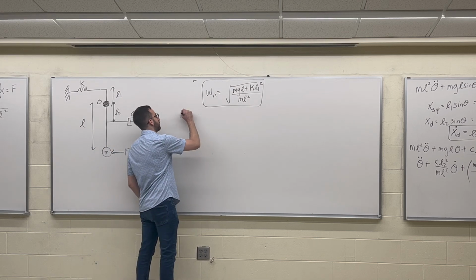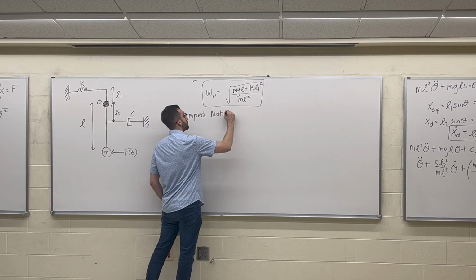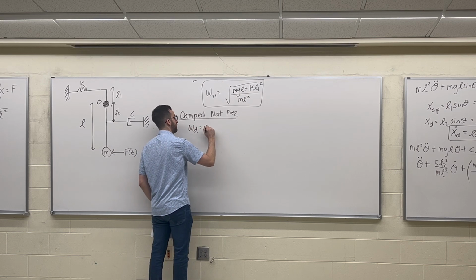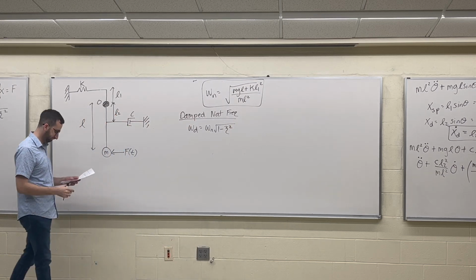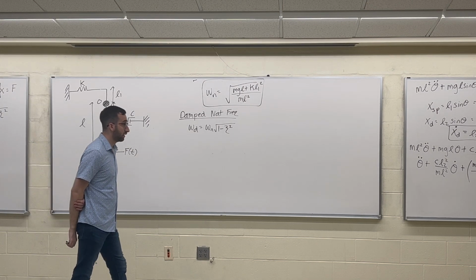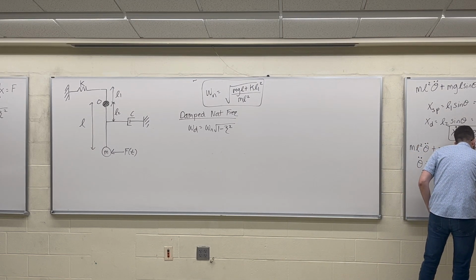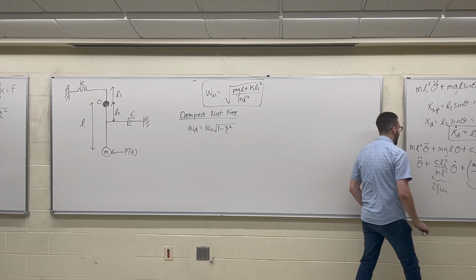So now we have to find the damped natural frequency, which is omega d. That's omega n, the square root of 1 minus zeta squared. You gotta find zeta. So again, this guy over here, this was omega n squared, while this guy over here, this was 2 zeta omega n.